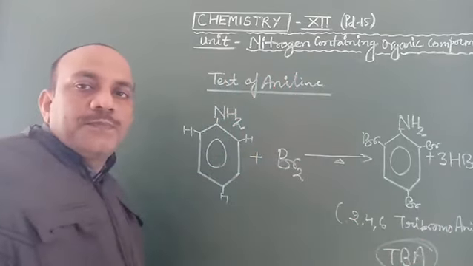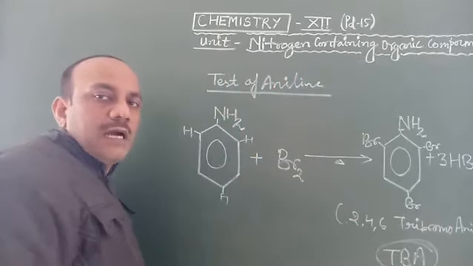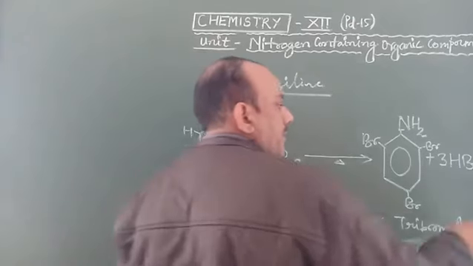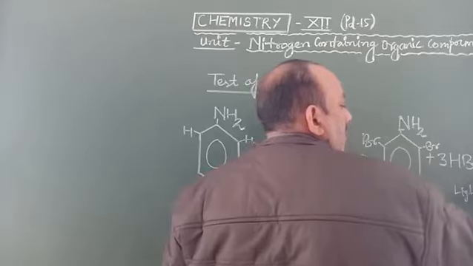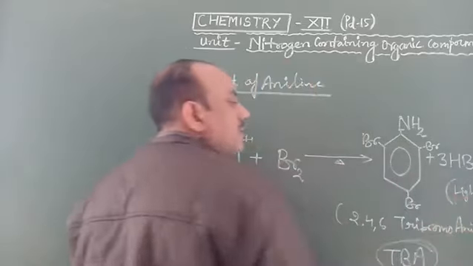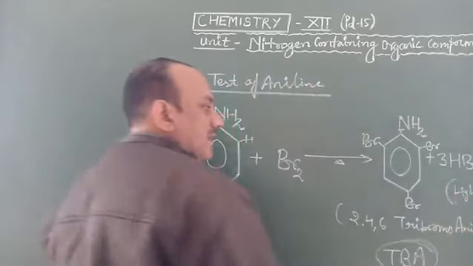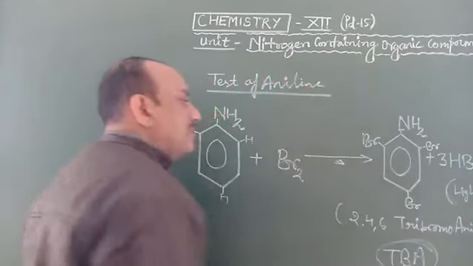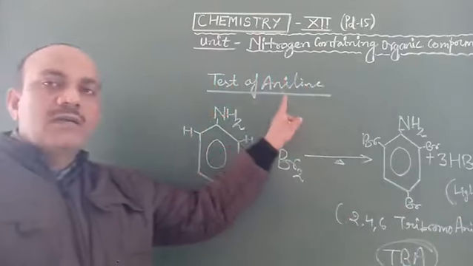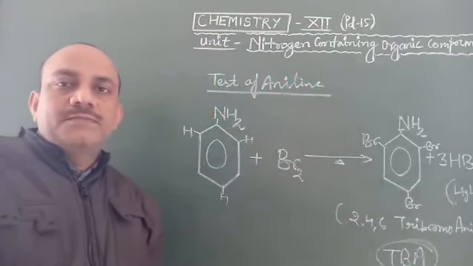Its color is light yellow, and its form is a precipitate. So we say that it gives a light yellow precipitate. This proves the test of aniline.